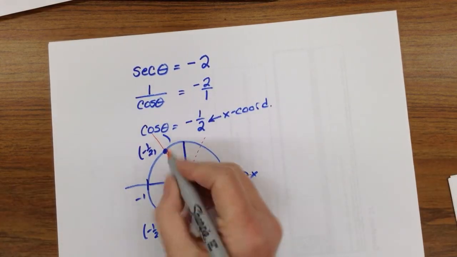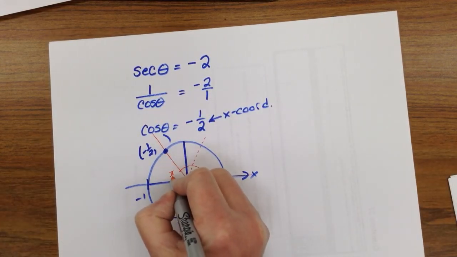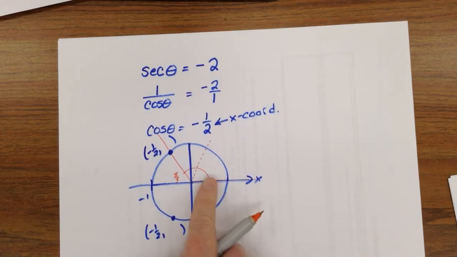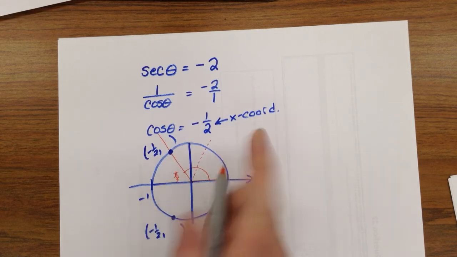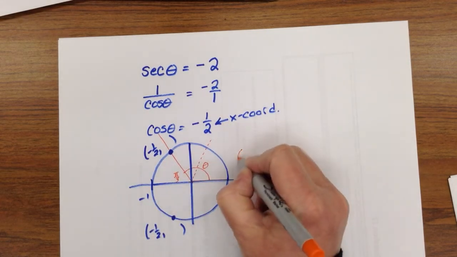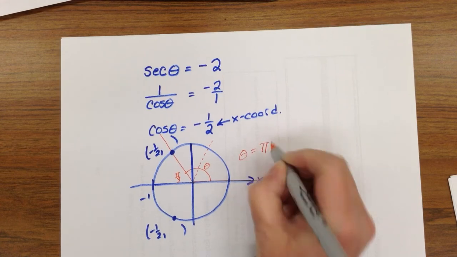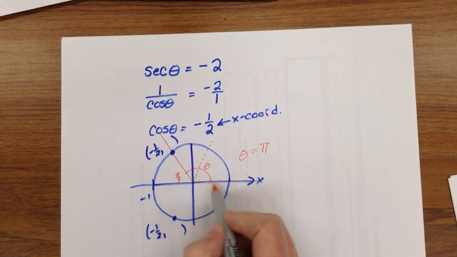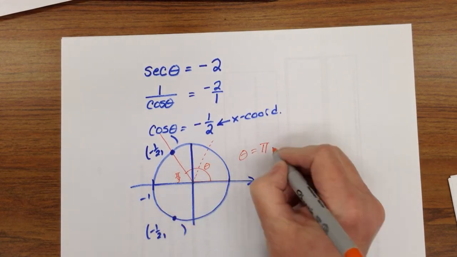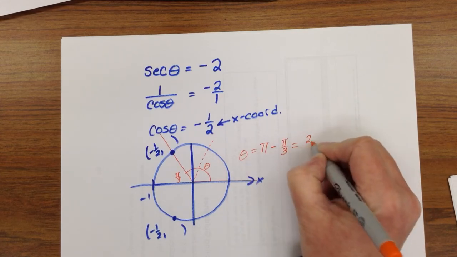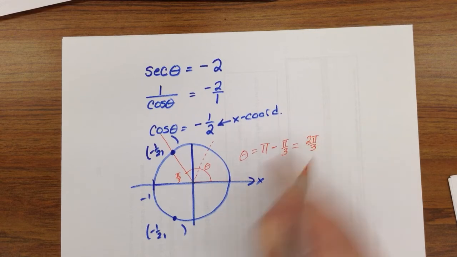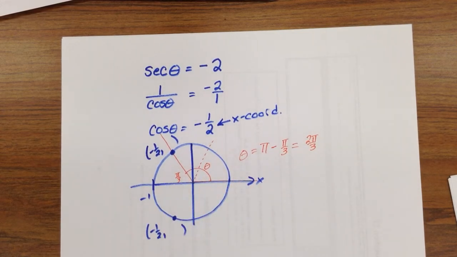By symmetry, this over here is also pi/3. So the angle we're looking for is 1 pi, take back 1/3. 1 whole pi, all the way back, all the way over, take back 1/3. Well, 1 minus 1/3 is 2/3. And that's our first angle, 2/3 of a pi.